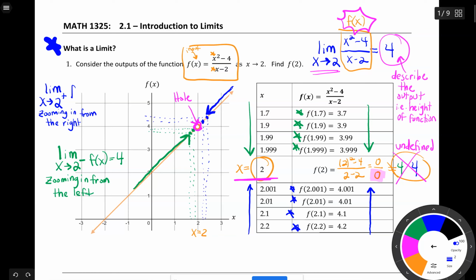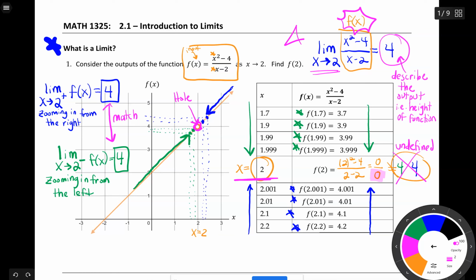So the limit of f of x as my input x is zooming into 2, plus sign means from the right, that height was also going to 4. So the height on the left was going to 4, the height on the right was going to 4. If these guys match, then we say the limit exists in general.